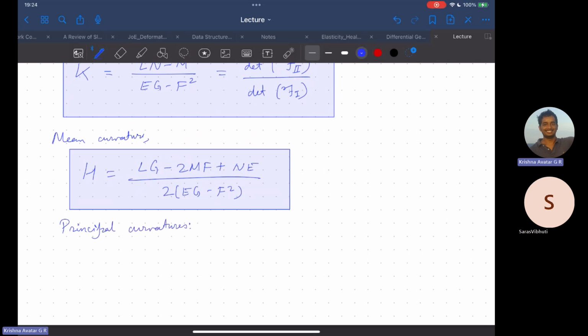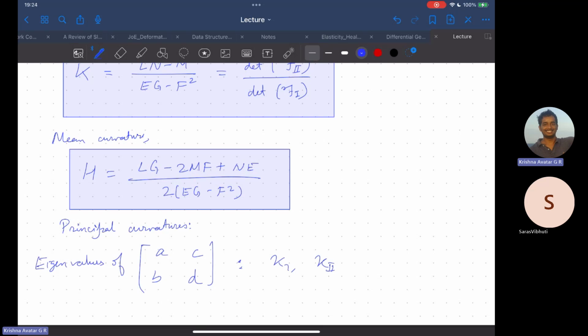They are the eigenvalues of A, B, C, D, with some kappa 1 and some kappa 2. So this is what the different curvatures are.